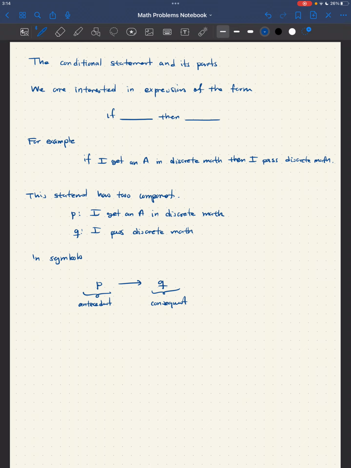Now, something that I should really remark is in terms of the truth values associated with this. Well, let's see.